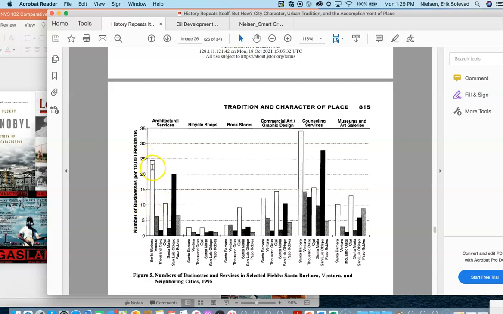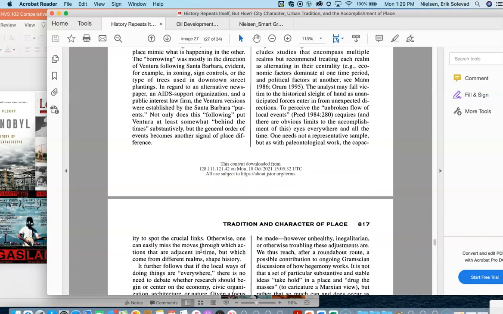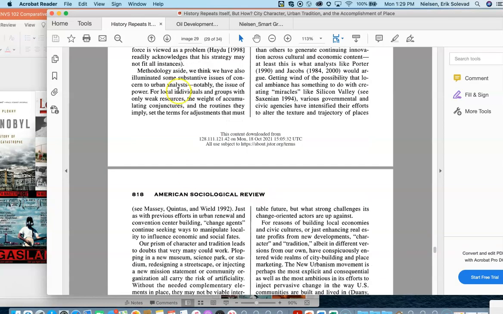But again, I was really focused a lot on Santa Barbara and then San Luis Obispo, because they're both trying pretty hard to provide more green living and so on. 1995, I would imagine six years later, you've got way more bike shops in all these places, but probably still more in Santa Barbara than elsewhere. So anyway, that is the study.